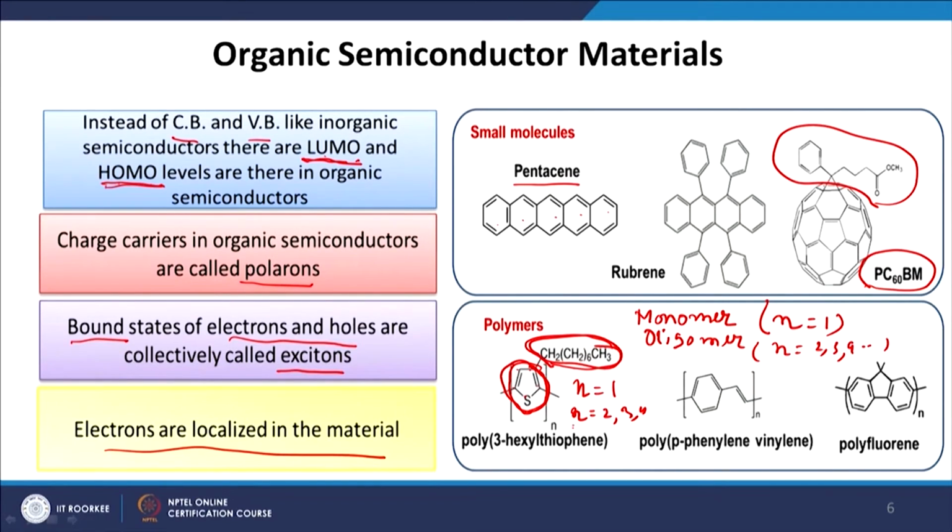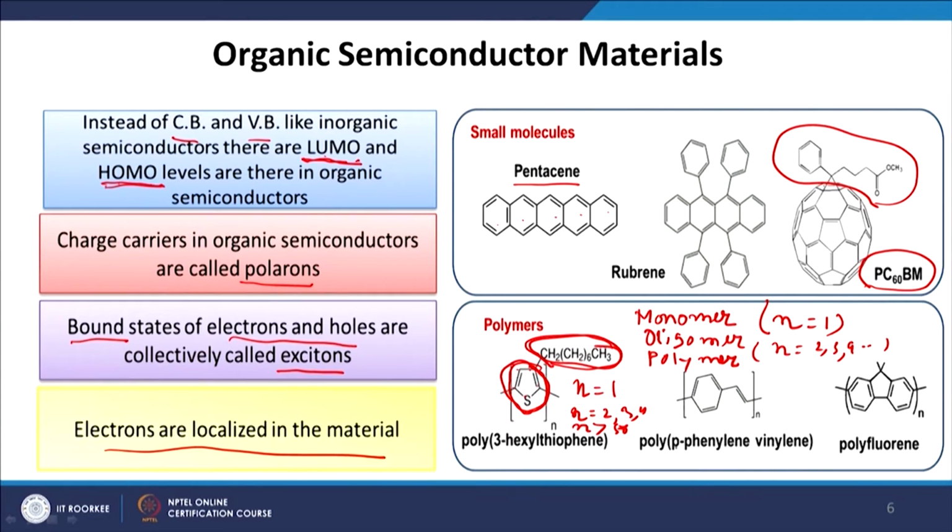But if the value of N is very large, let us say N is greater than 50, then we have so many repeating units of these structures, and that we call a polymer. It is interesting to know that in the case of the polymer, the optical properties and the electronic properties pretty much repeat after N is equal to 6 units.